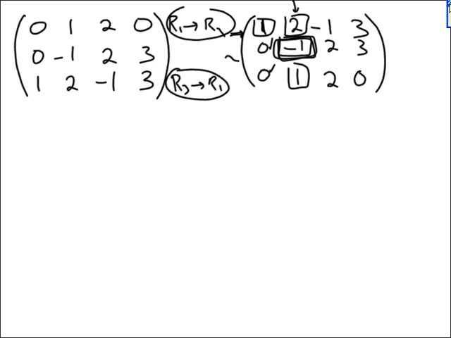Now, ignoring signs for a moment, 2 and 1. The first common multiple is 2. So, if I keep row 1 the same, it has a 2 right there. And if I double row 2, it'll have a negative 2.